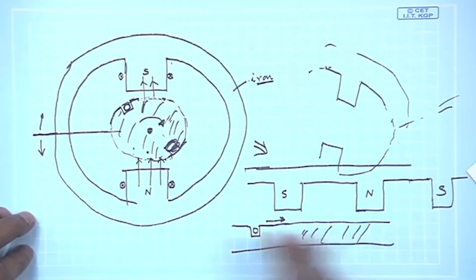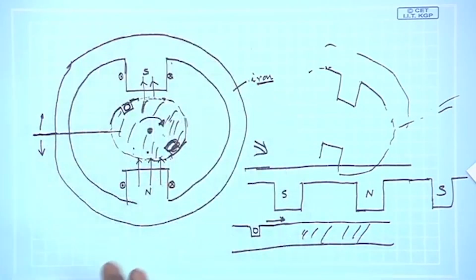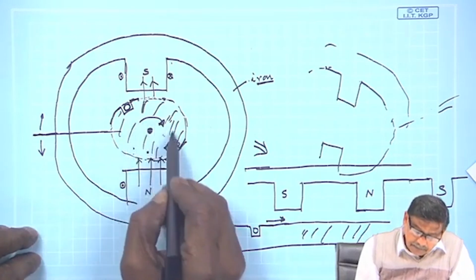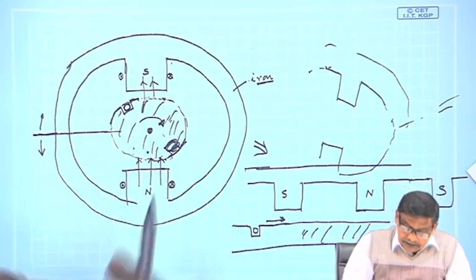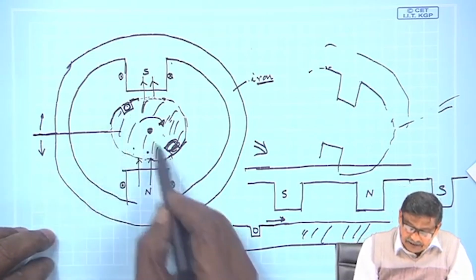Anyway, so this is how I can make a single conductor generator, and if you turn it, it will always induce voltage across the conductors.